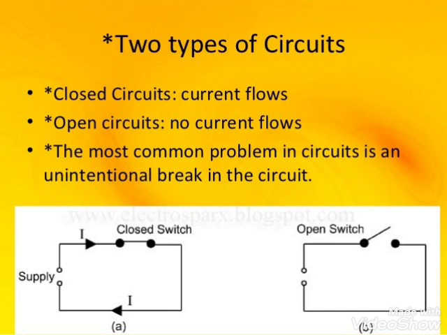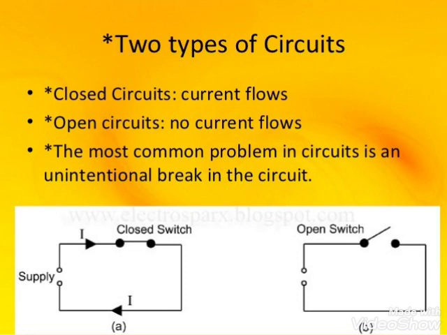And we define them as closed circuit or open circuit. Let us try to understand that. When the current flows, we call it a closed circuit. And when the current doesn't flow, we call it an open circuit. The most common problem in a circuit is an unintentional break in the circuit.